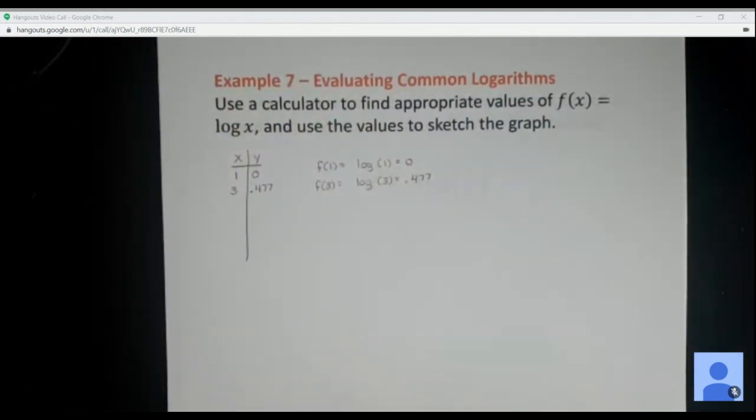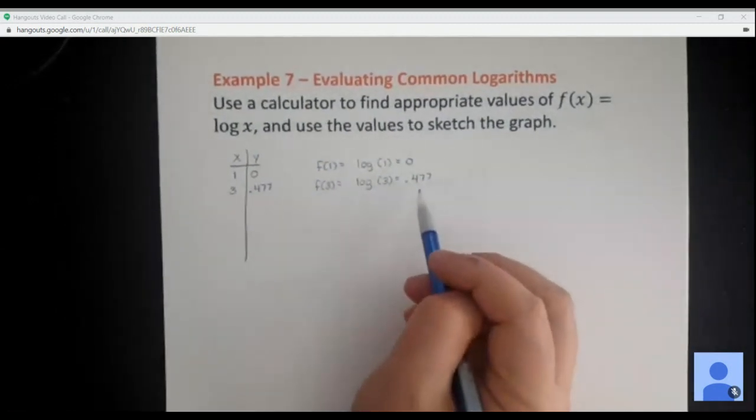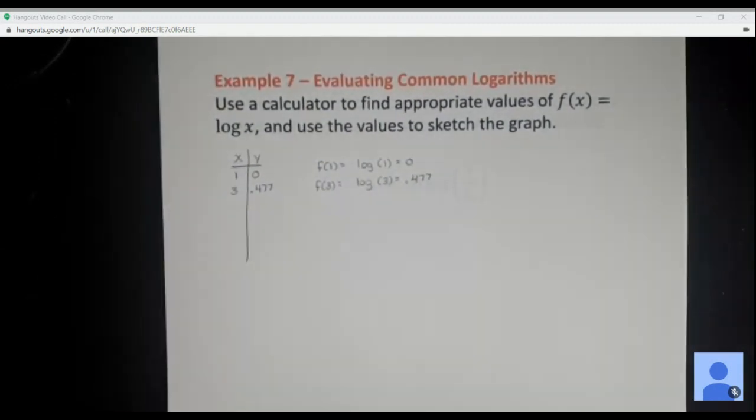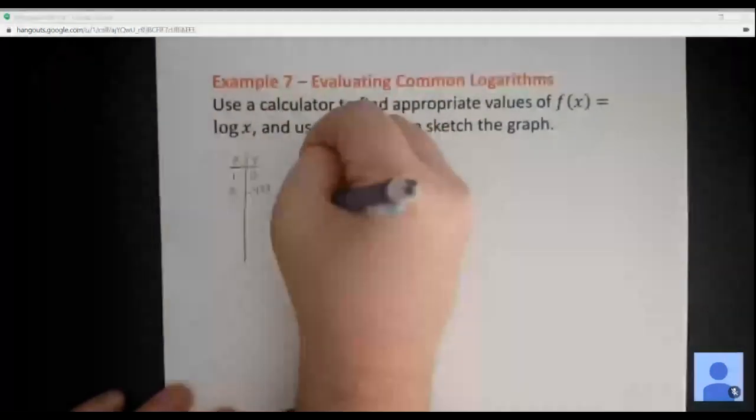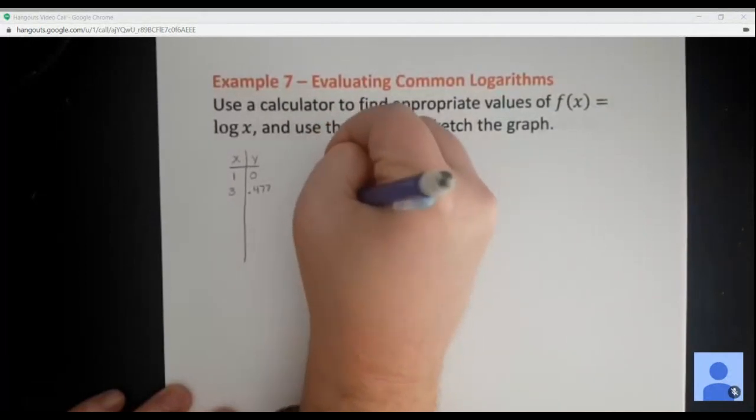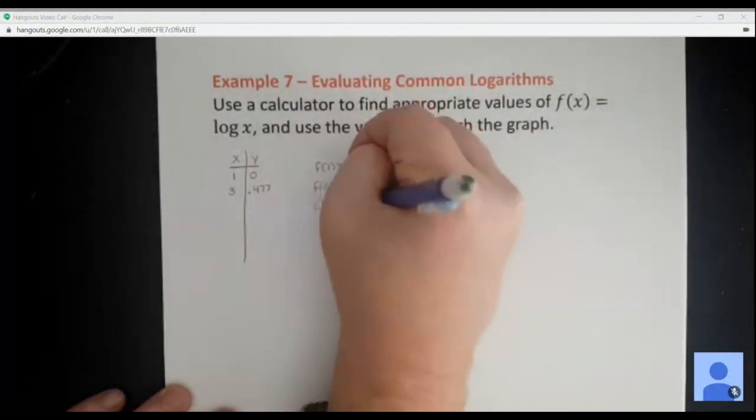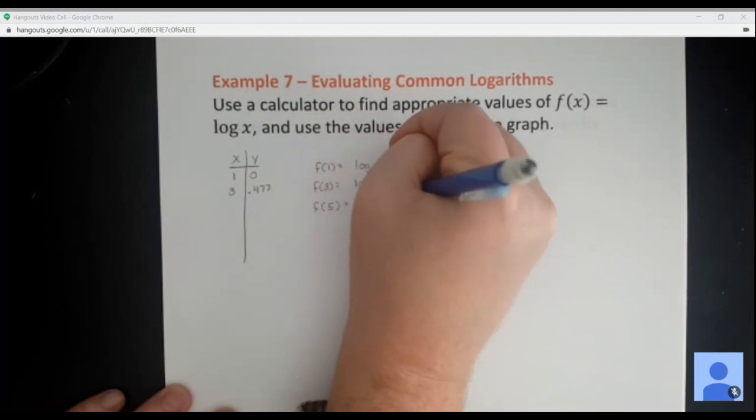In this case we're just sketching a graph, so 3 decimal places is definitely enough, because I'm probably going to put this really close to a half, really close to 0.5. All right, what other values would you like to check? Five, okay. So f of 5. That's the log of 5.